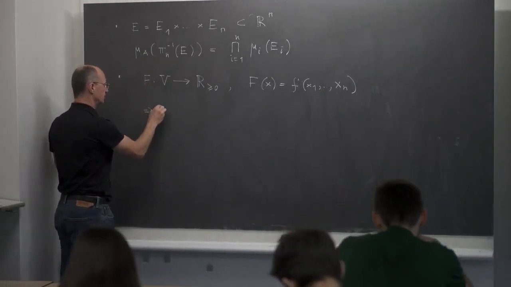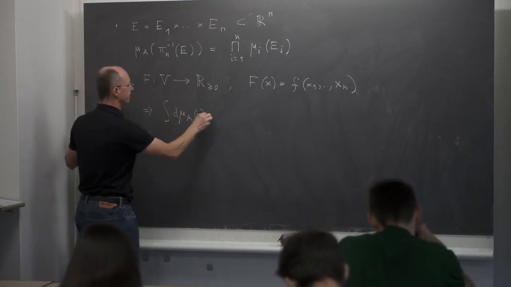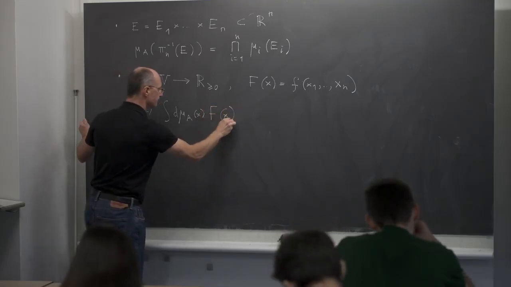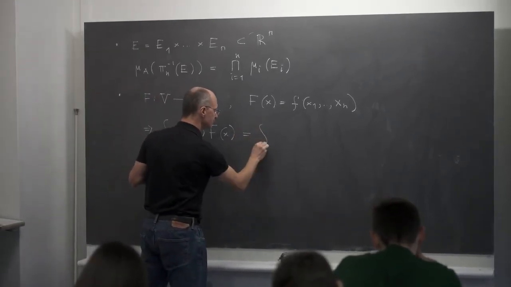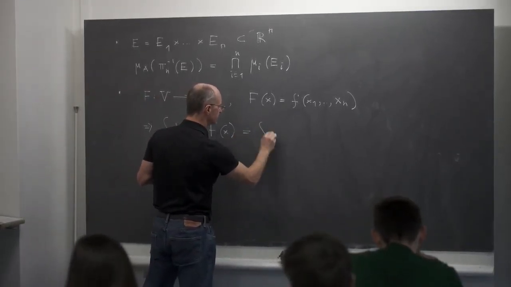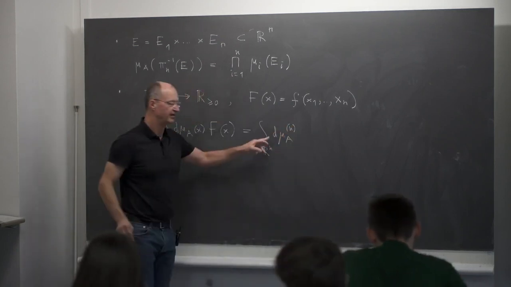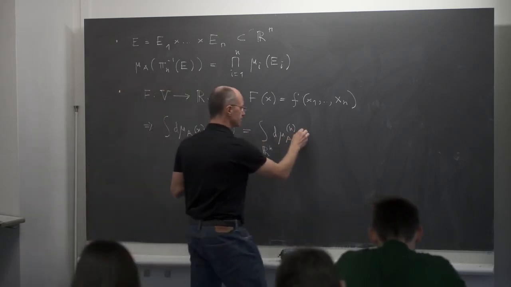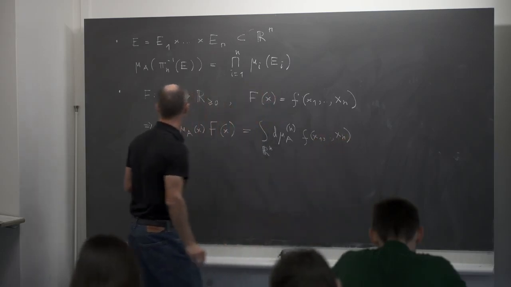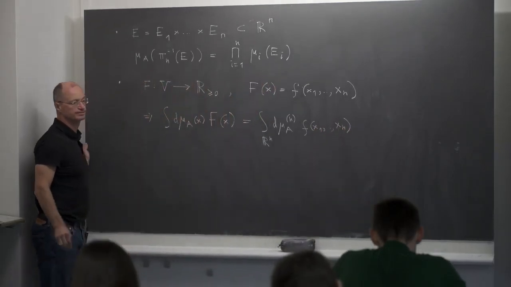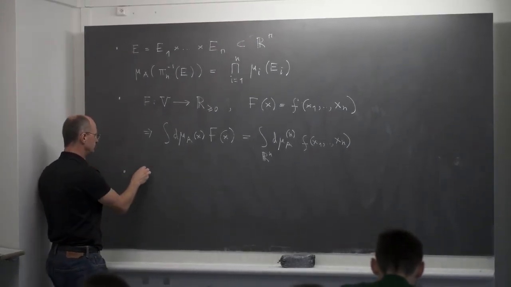Then one can compute this integral, and this integral will simply be equal to the integral over R^n, the finite dimensional Gaussian measure times the function of the n variables.